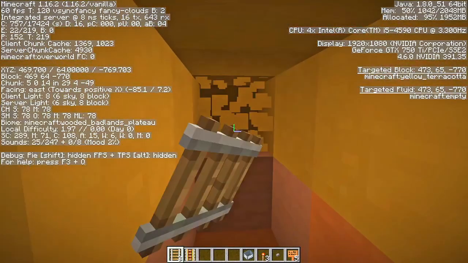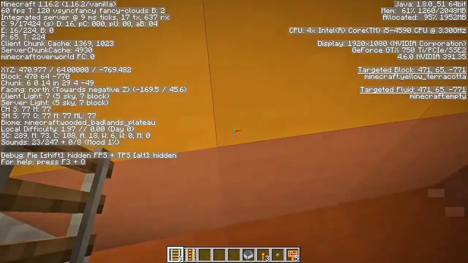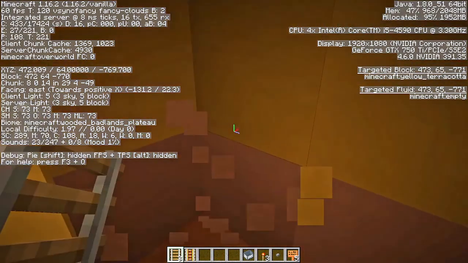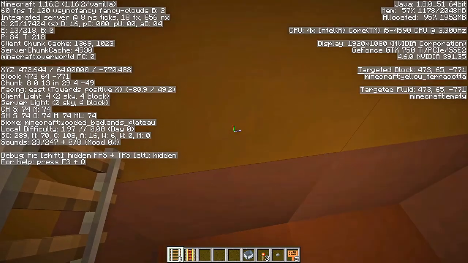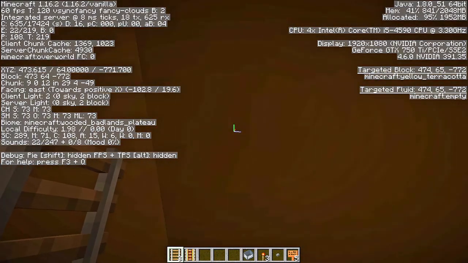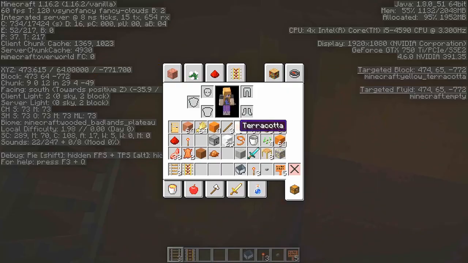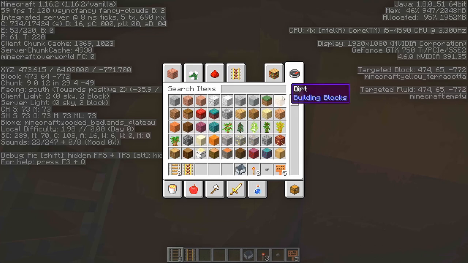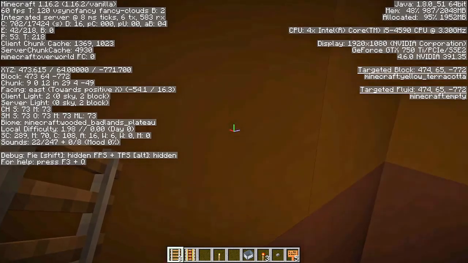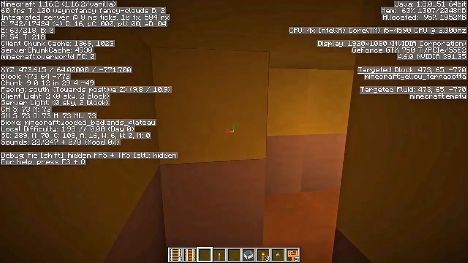Okay, so there's a way to do that while we're still in the wall. So let's do 1, so we're going diagonally, 2, oh, it's so dark. Where are my torches? Torch, torch, torch.